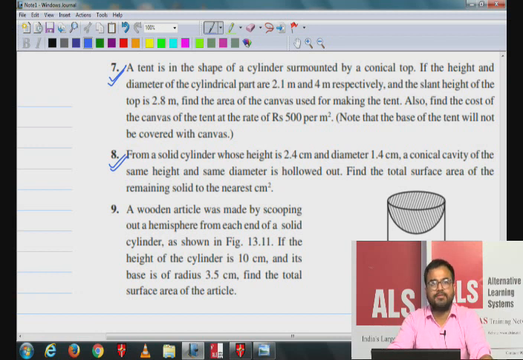So the diagrams are very important over here. First of all, you have to see what the statement is saying and how you can draw the diagram for that one.